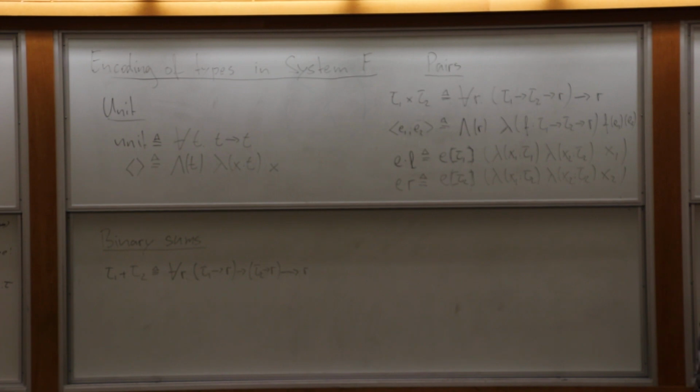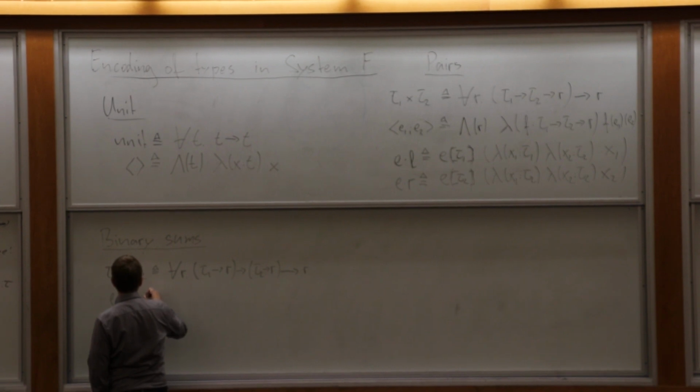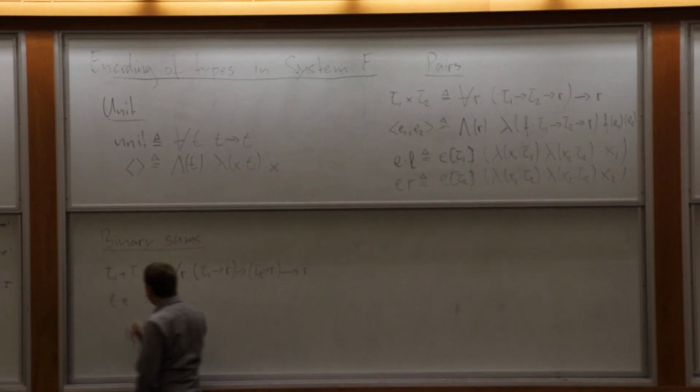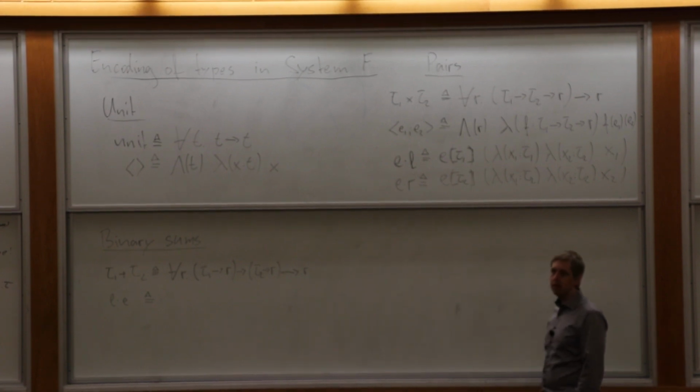Good. And then we have to say what the injections, the constructors, are. L dot E. So E is now something of type tau1, right? And we want to inject it into the sum. So that's where we add, and we want it to be of this type that we've written there.